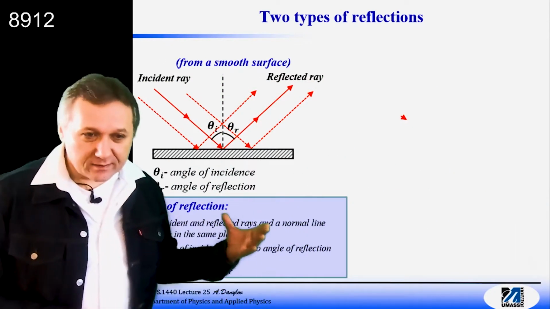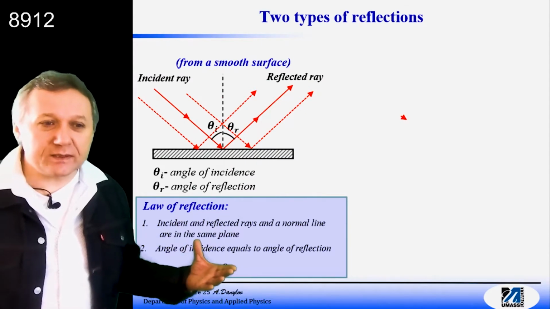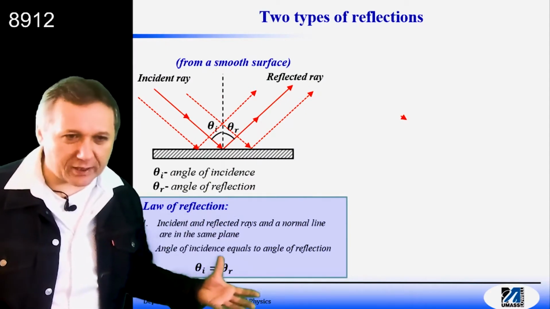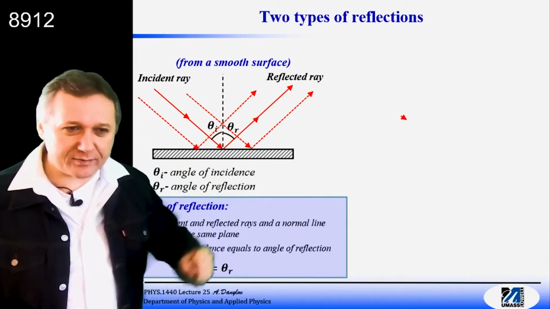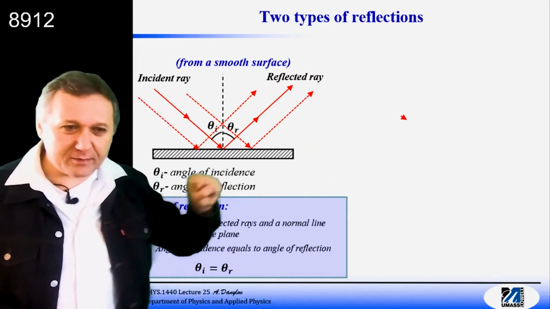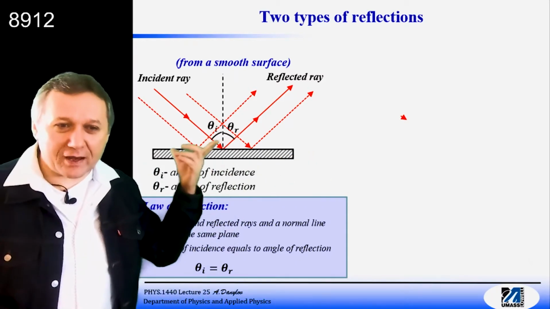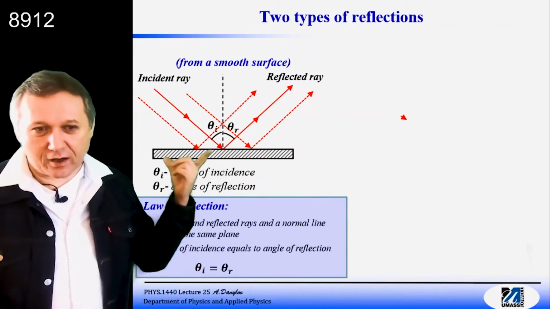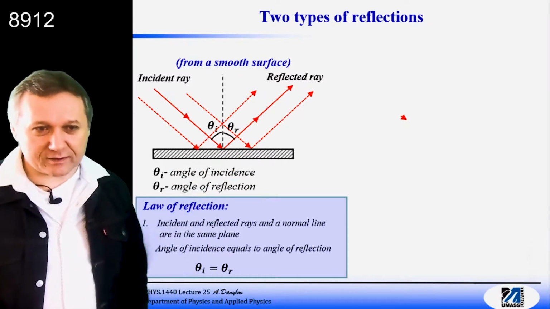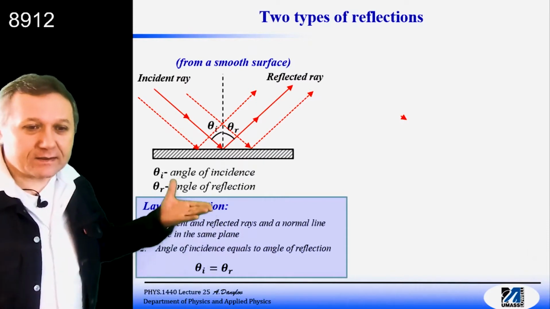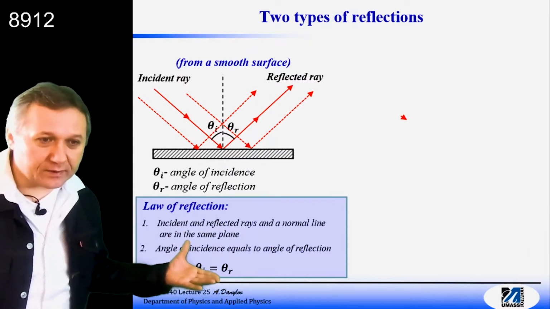But this law of reflection can be derived, not easily, but it can. You just take Maxwell's equations, get wave equations from them, and then apply boundary conditions in this situation. And this will appear naturally.